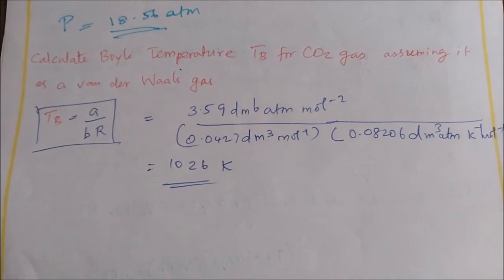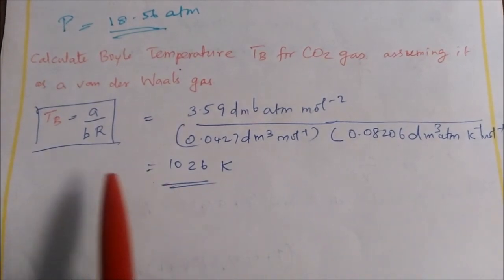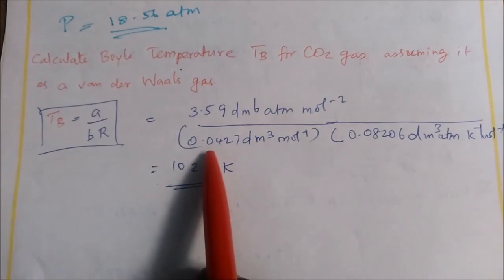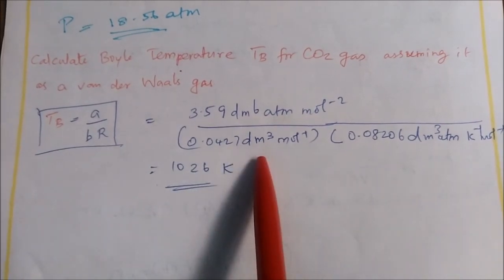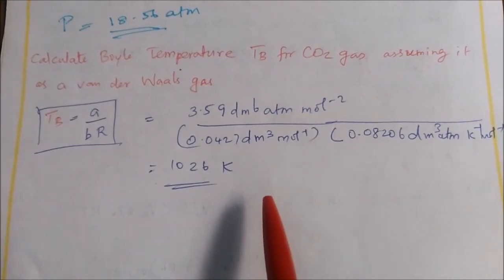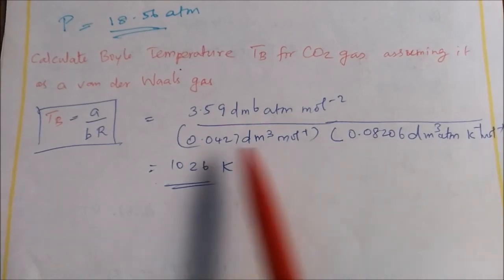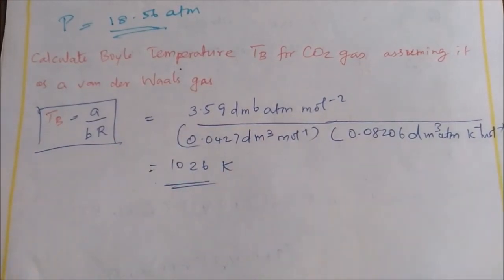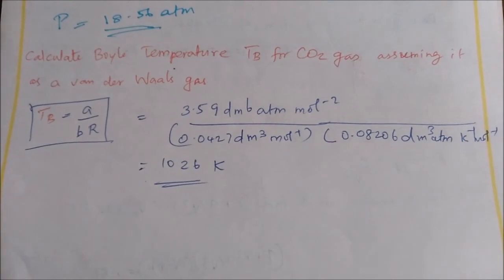And the b constant is 0.0427 decimeter cube mole inverse, into the gas constant R value 0.08206 decimeter cube atm Kelvin inverse mole inverse. So we have to substitute all these values.